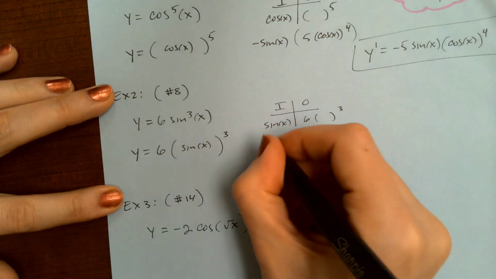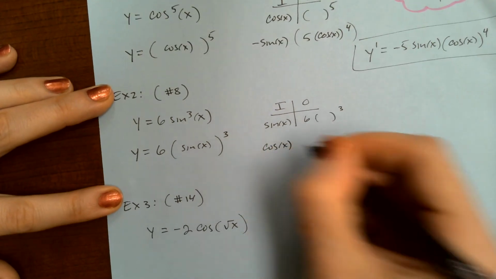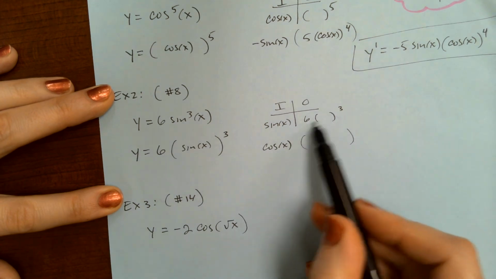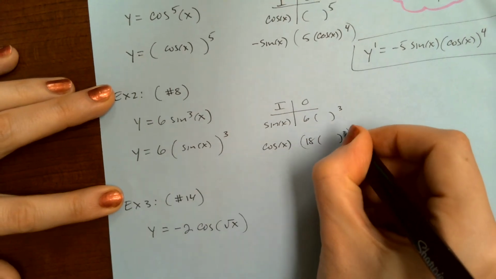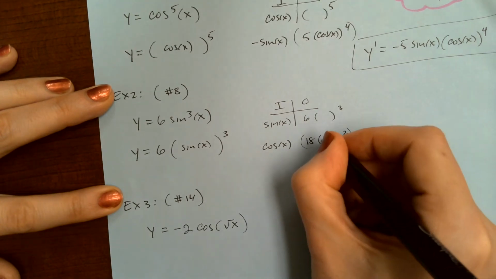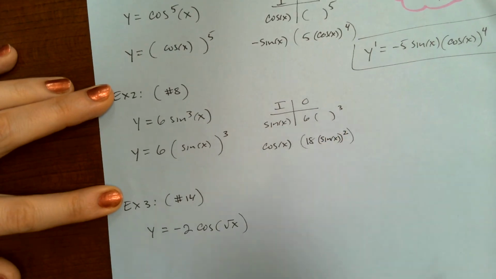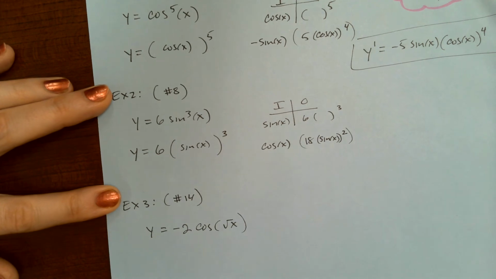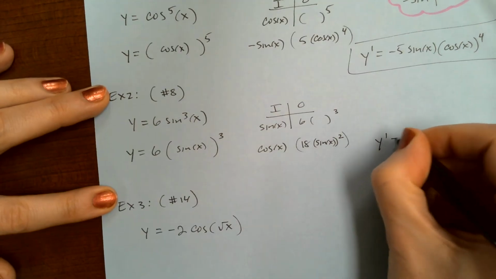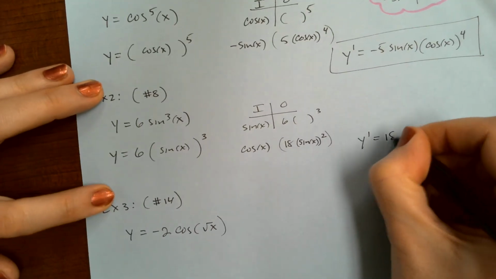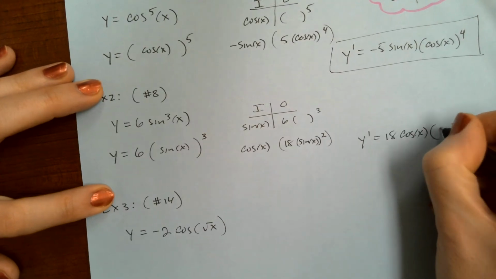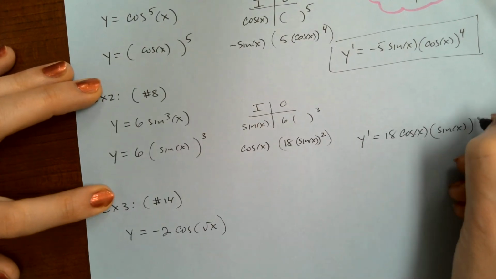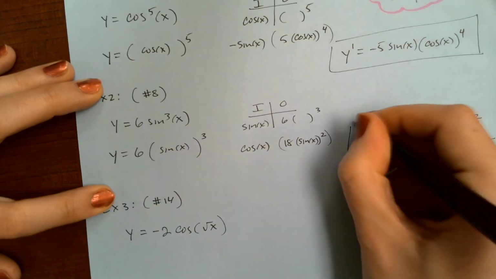The derivative of sine is cosine. The derivative of this is 18 blank to the 2nd, and then sine of x goes back in. So this time we've got y prime is 18 cosine of x, sine of x to the 2nd.